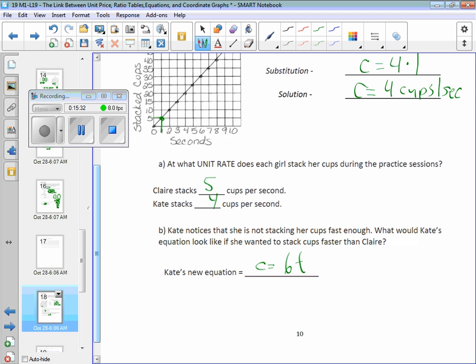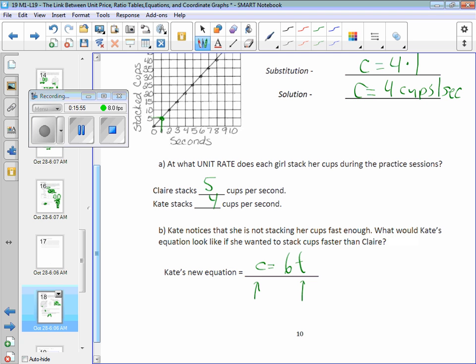That's fine too. Anything higher than 5 will show a faster rate than Claire. Cups. Equation, the variables aren't going to change. T for time or seconds. So those variables stay the same.